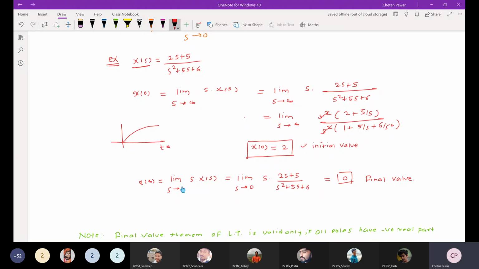Similarly, at the initial condition. This final value is generally called the steady state value of the signal. So by using this we will be able to find the steady state values and the initial values of that particular signal in the time domain by using the frequency domain.